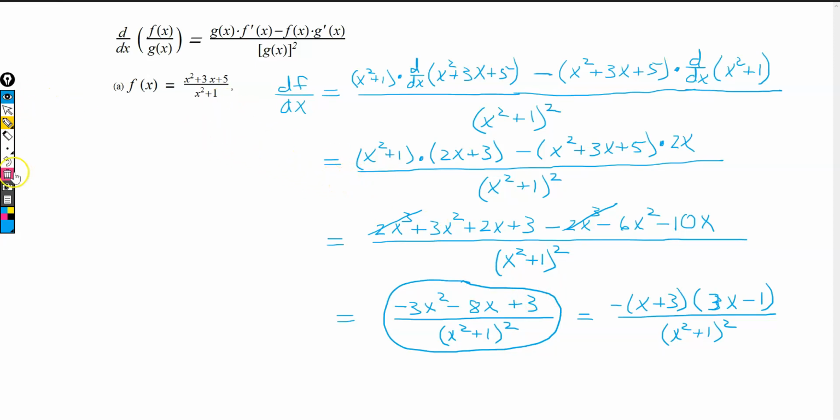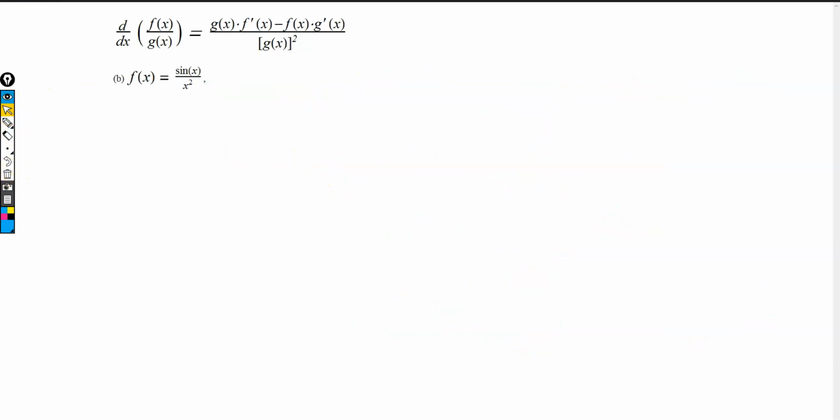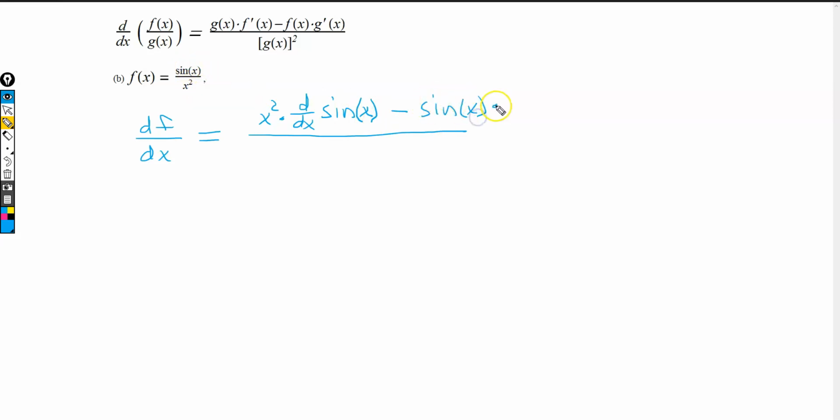So here we want to take the derivative of sine x divided by x squared. So applying the quotient rule up here, we are going to go bottom times derivative of the top, minus the top times the derivative of the bottom, divided by the bottom squared.